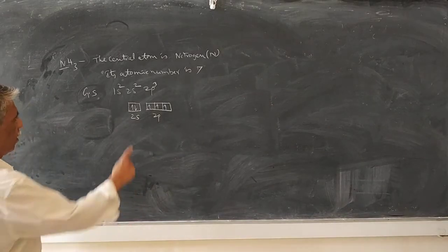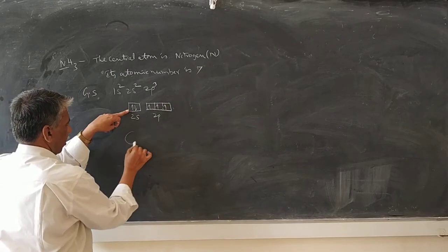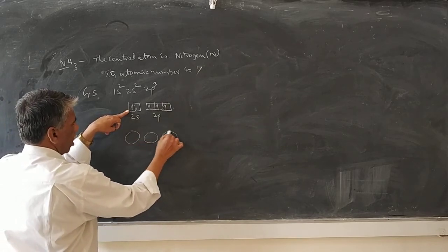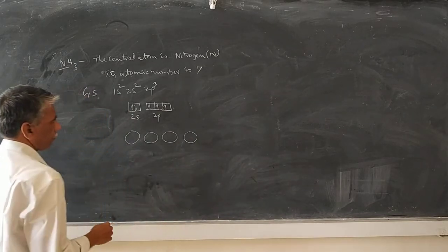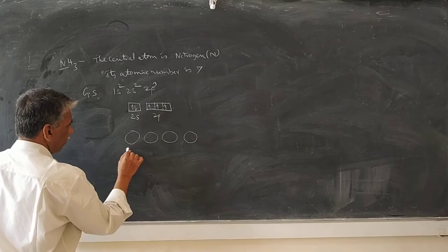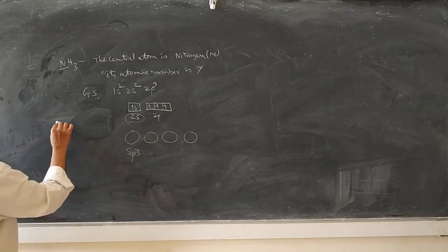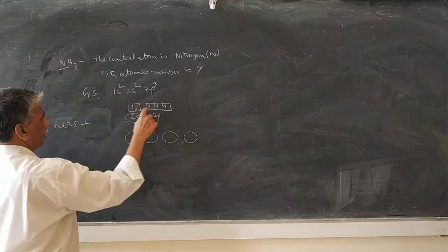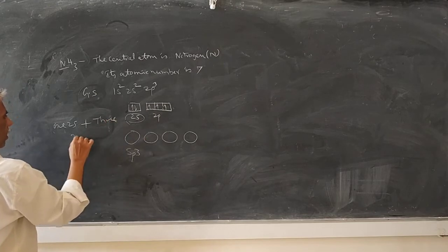Now these will undergo hybridization and give hybrid orbitals: 1, 2, 3, 4. The name of this hybrid orbital is sp3. One s is combining with three p.